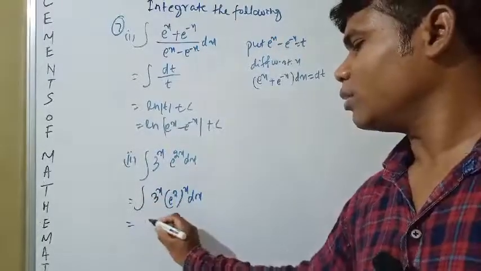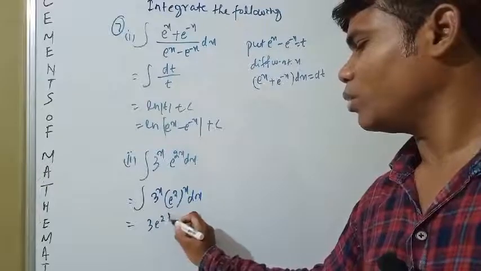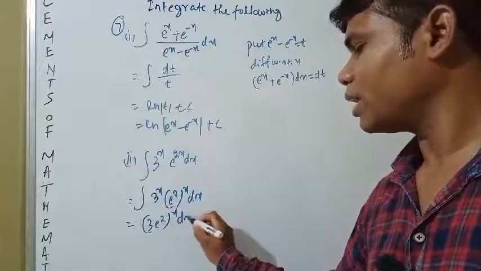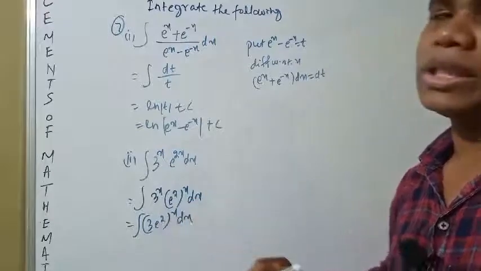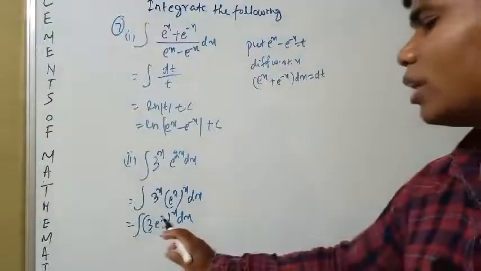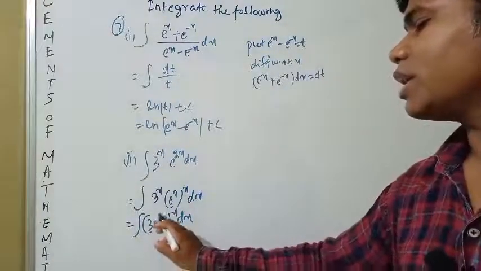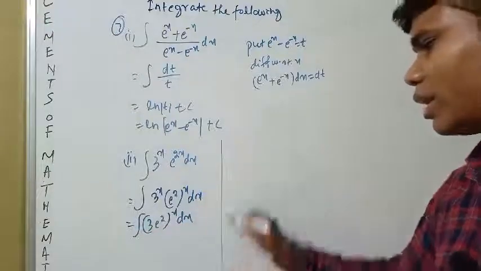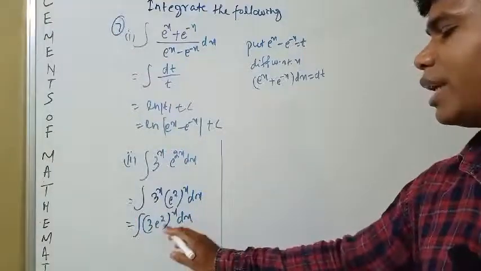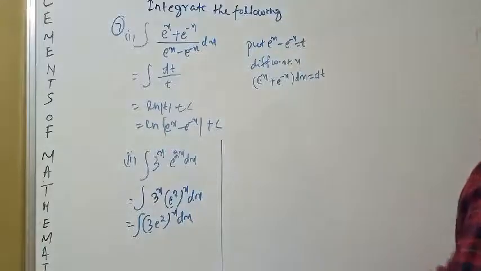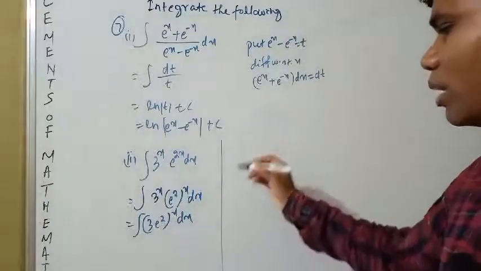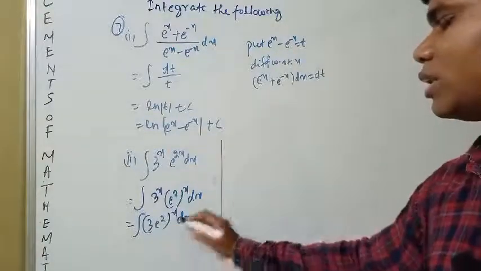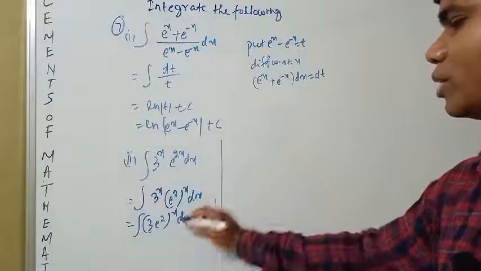Here 3e^2 is a constant, so I can consider it as a. So we have to use the formula for integration of a^x dx. This is equal to how much?